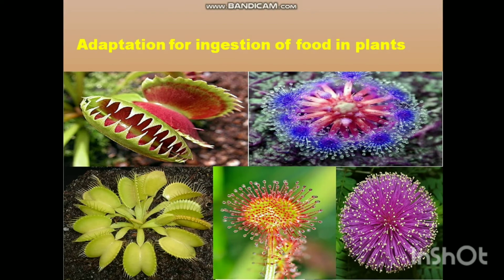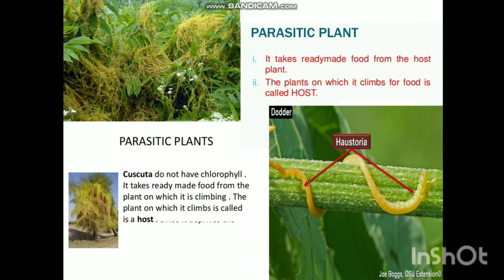Our next topic is adaptation for ingestion of food in plants. Most of the plants are anchored to the ground and are autotrophic. However, some plants are parasitic plants. Let's understand what is meant by parasitic plant.